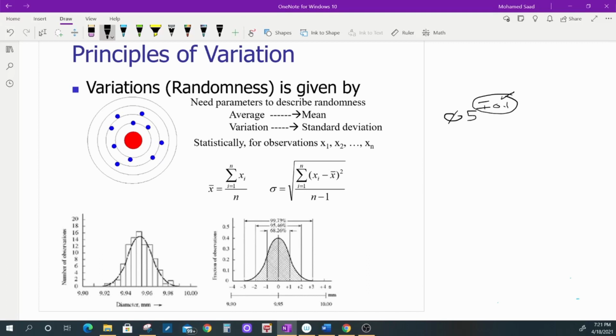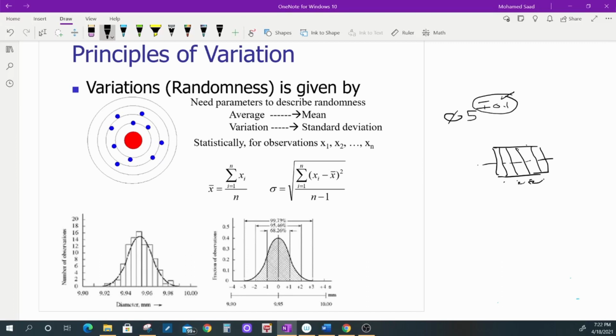So if you take a cylinder coming from, let's say, an external turning process, you expect it not to have a perfect cylindrical shape, and when you measure the diameter many times along the center line, you will find the diameter here is not exactly the same as the diameter here. There is always some variation between each section and the next one.